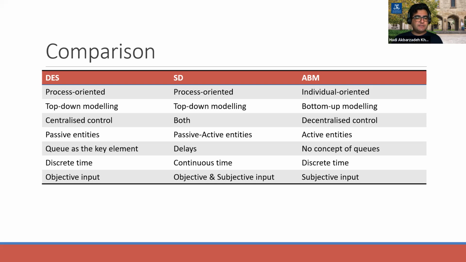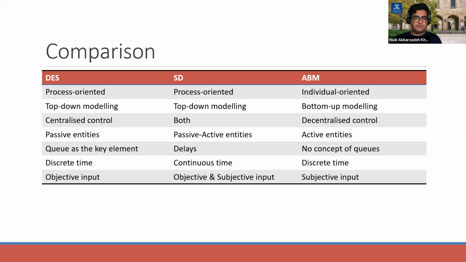And discrete event simulation is more based on queues, more concerned about what happens if an intervention happens, what happens to the flow of the patients or flow of the entities. But agent-based is not necessarily working on queue theory, and system dynamics as well is looking at time, looking at something like queues, but mostly focuses on delays happening in the system.